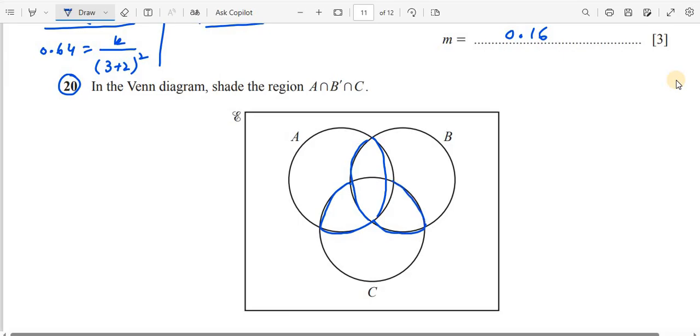But B complement means that the B set is removed from A and C. The remaining part is this one, A and C complement. Shade this side, because B complement means B is subtracted. So this is the shaded area.